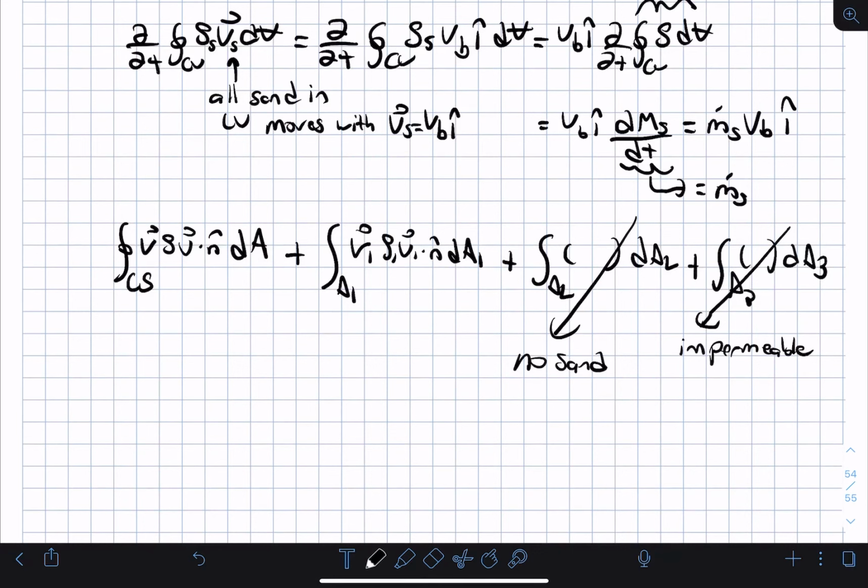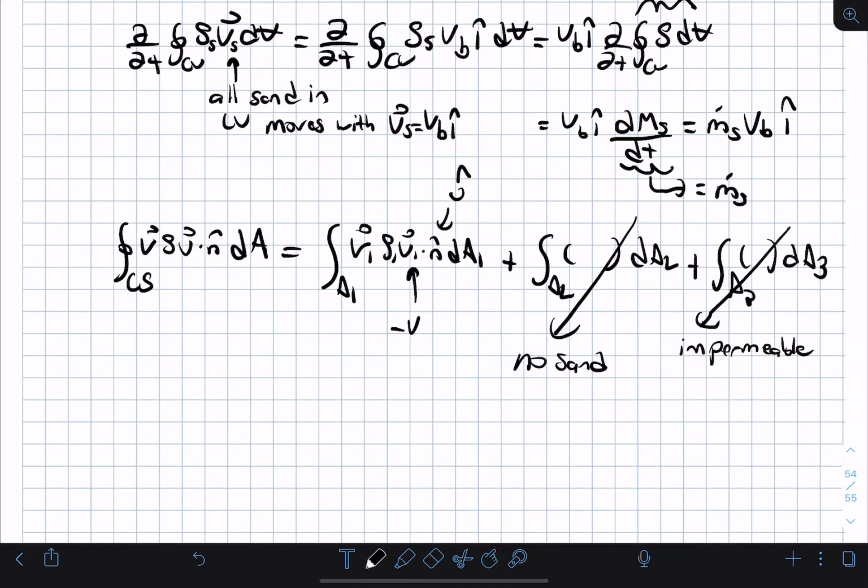Okay, so now this integral, it's not plus, it's equal. This is a nasty surface integral, just like conservation of mass, there's only one surviving term, and we already argued that n hat would be j hat.